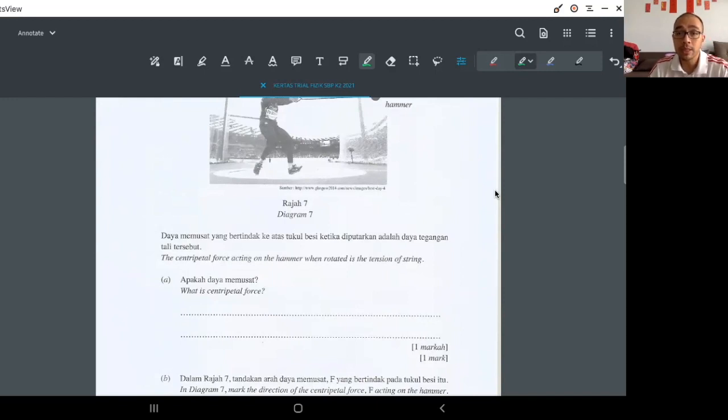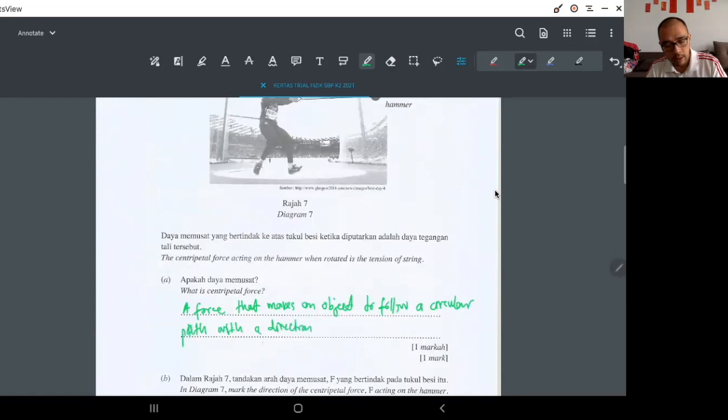Centripetal force is a force that makes an object follow a circular path with a direction that is always towards the center of curvature, or the center of the circle also can. Center of the circle is better.